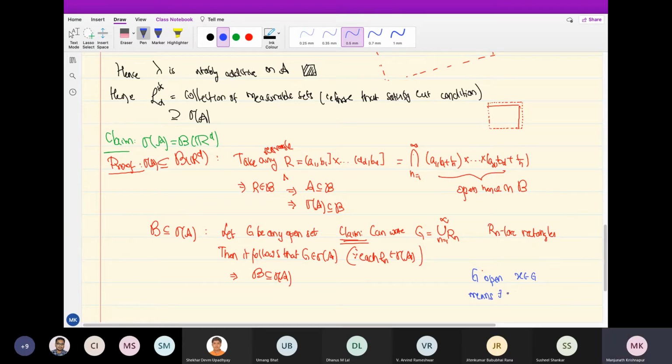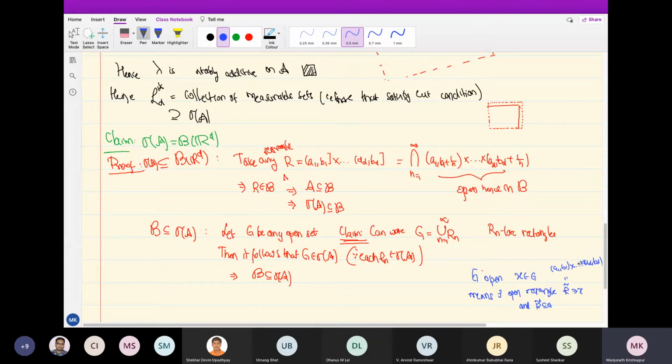there exists an open rectangle, let's write R tilde for open rectangles, containing x and contained in G. An open rectangle means something of the form (a1, b1) cross (a2, b2) and so on.